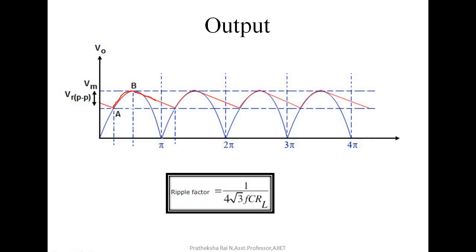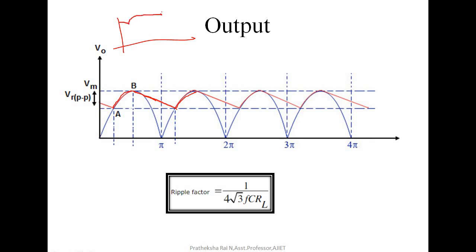But observe here, there is again conduction due to D3 and D4. Till what time will it discharge? Till it reaches the capacitor voltage. So at this point it again starts conducting. So this is Vr peak to peak.